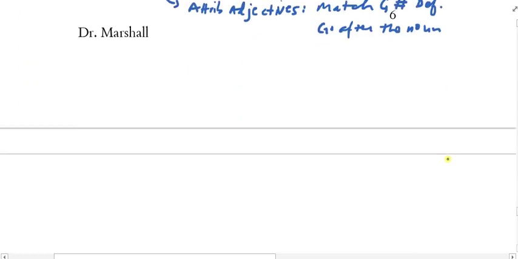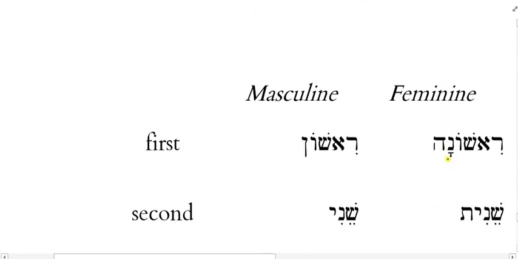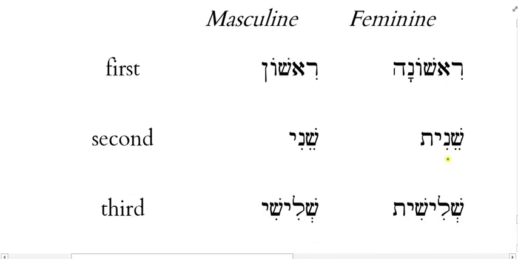Let's take a look at the forms of the ordinal numbers. Remember, ordinals are giving us the position of or the order within the series. So the word for first is rishon, masculine, and we also have feminine forms. Remember, attributive adjectives have to be able to inflect for both genders. So I have rishon and rishonah.